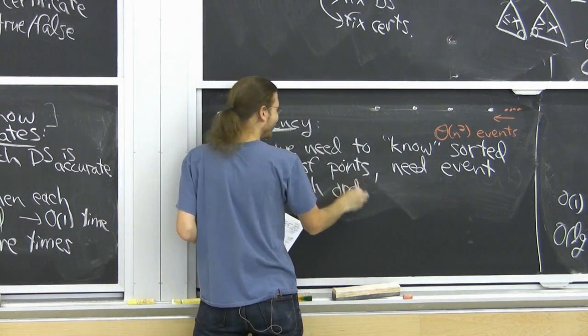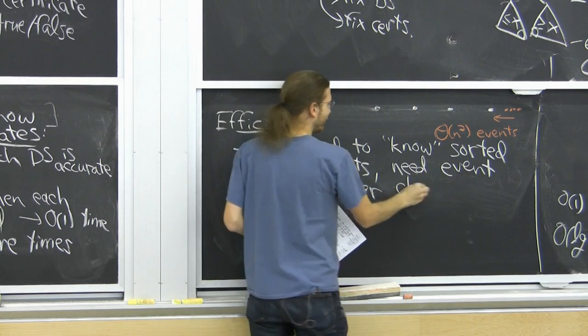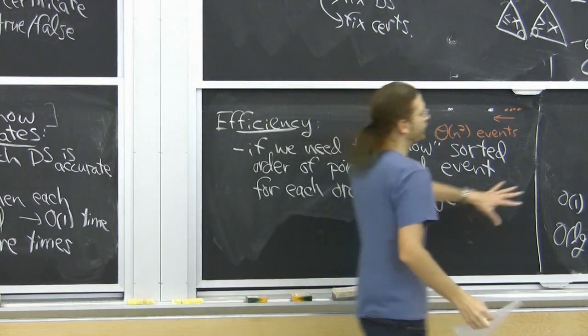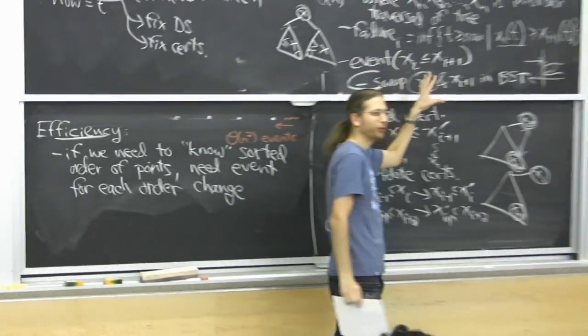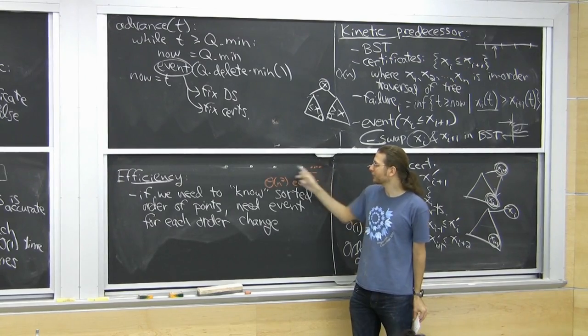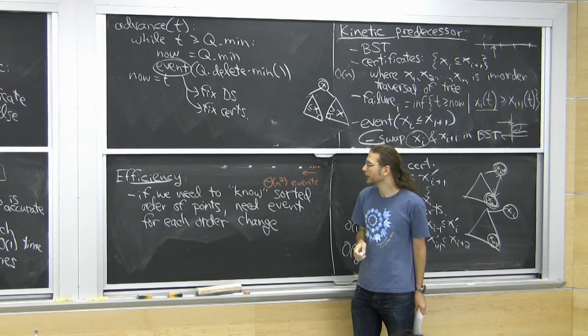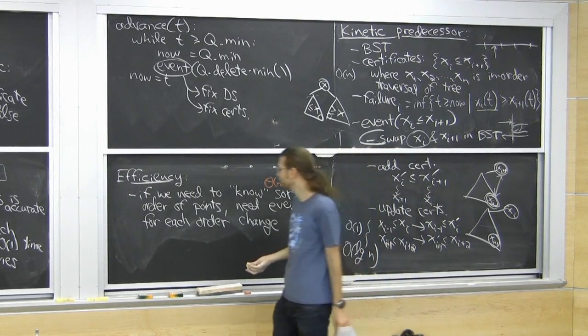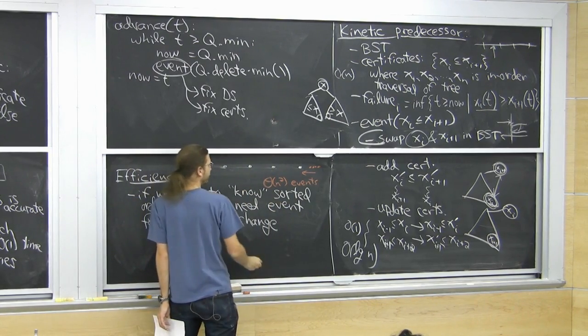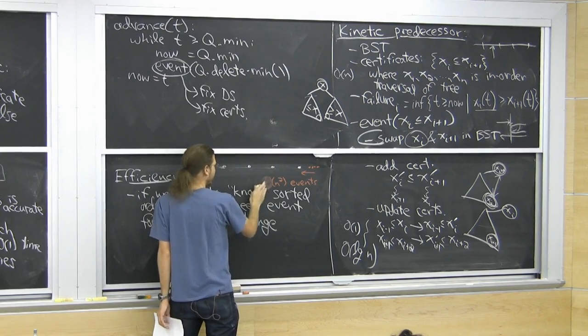That's sort of a tautology, but it's a perspective. And what's happening here is that we have an event every time there's an order change. So sometimes it's going to be bad. Worst case here is quadratic. You can actually prove for pseudo-algebraic it is order n squared events. So this was really a lower bound.